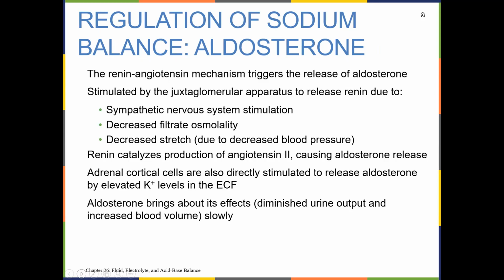And of course, renin-angiotensin will trigger the conversion of angiotensinogen to angiotensin 1, which converts to angiotensin 2, which triggers the release of aldosterone, which starts sucking up sodium. And sucking up sodium brings in water. And it also can kick out potassium.